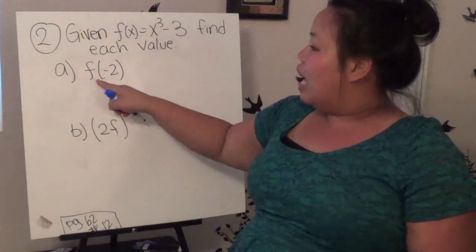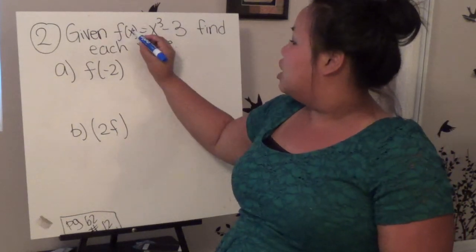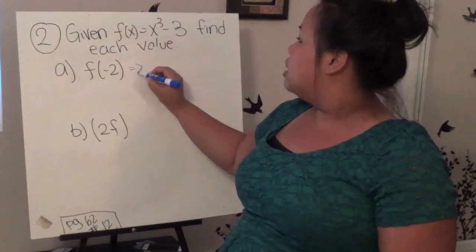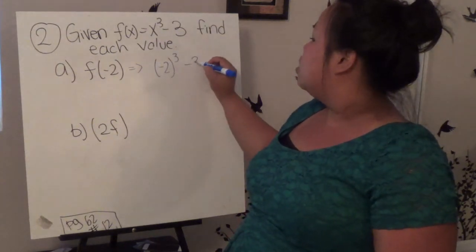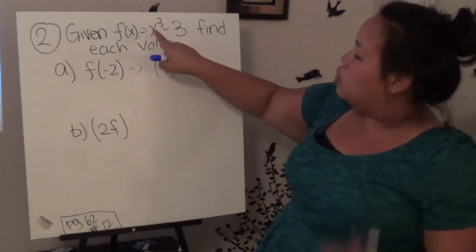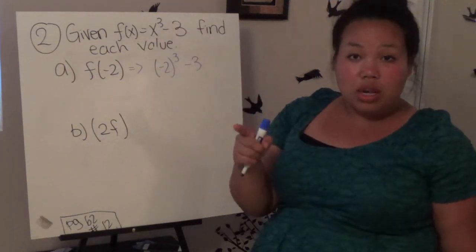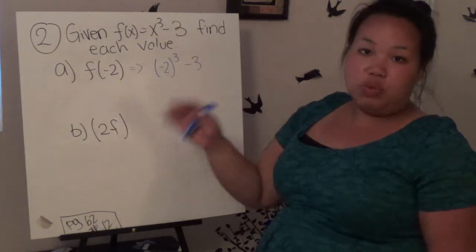So for example, this is f of negative 2. Instead of my x's, because there's an x in here, I'm going to replace it with negative 2. So I'll have negative 2 cubed minus 3. Once again, what I did is I took that inside and replaced all the x's with it. This happens to only have one, but if there's more, then you replace all the x's with that number and then we solve it.